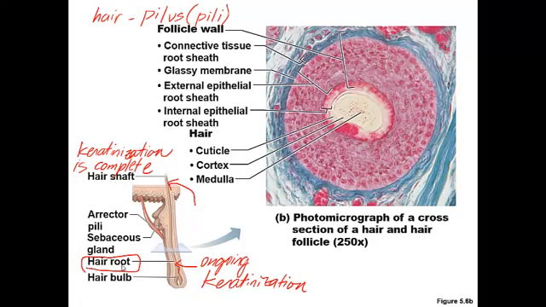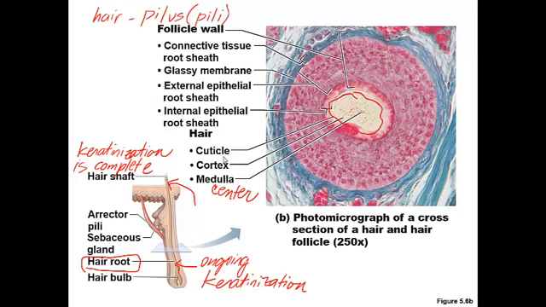The hair has three concentric layers of keratinized cells that you should be aware of. The very center is called the medulla. Then there is the cortex, a bulky layer surrounding the medulla, made of several layers of flattened cells, and that's what you see in this area right here, surrounding the medulla itself.